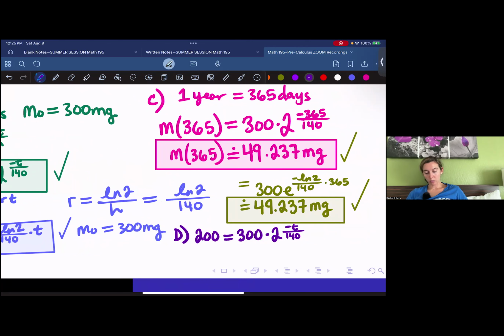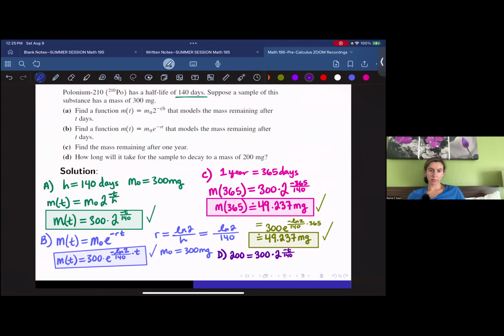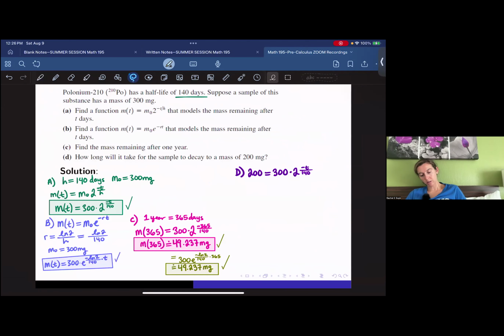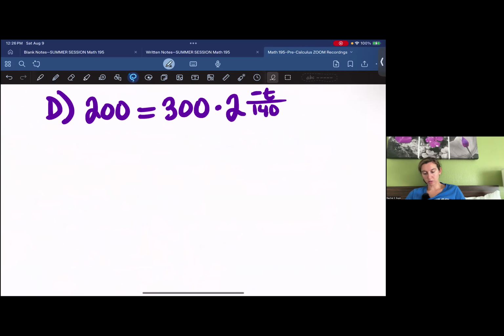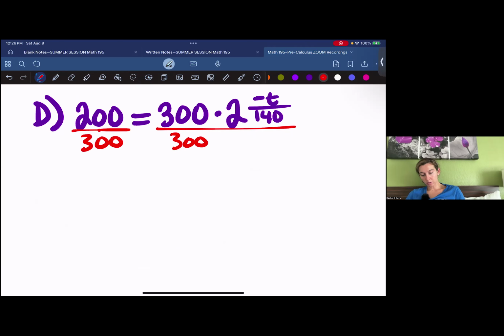And then we want to isolate our t. So let's go ahead and divide both sides by 300. The zeros in both the numerator and the denominator cancel out. So you get 2/3 is equal to 2 raised to the negative t over 140.